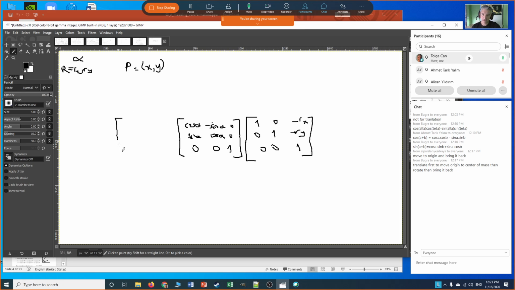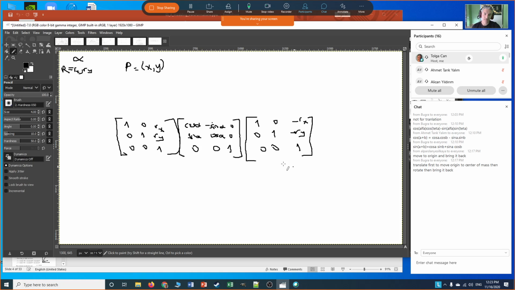And finally, I have 1, 0, Rx, 0, 1, Ry, and 0, 0, 1. Okay? Look at these three matrices.